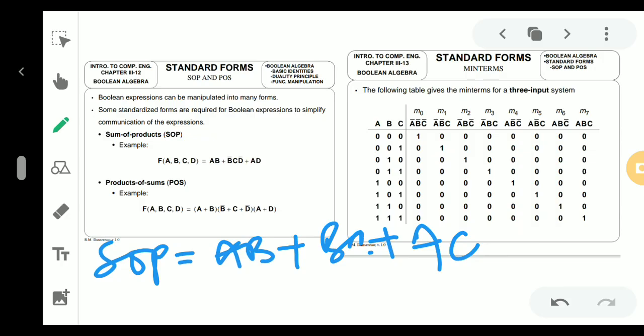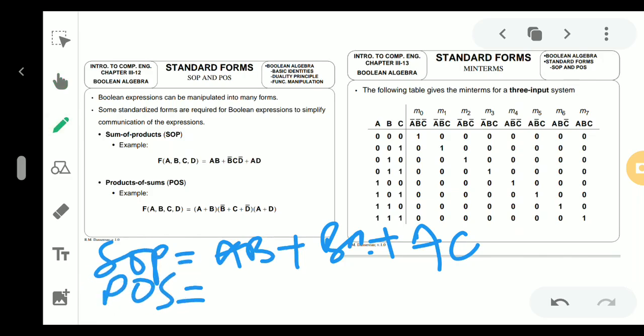Okay, and what is the product of sum? That is POS. So we will consider from this SOP, product of sum. First we will find out the individual product of the variables, then we add. And here it is POS, product of sum.